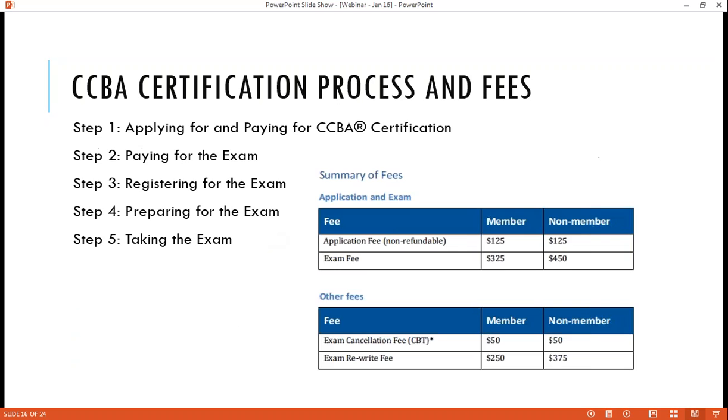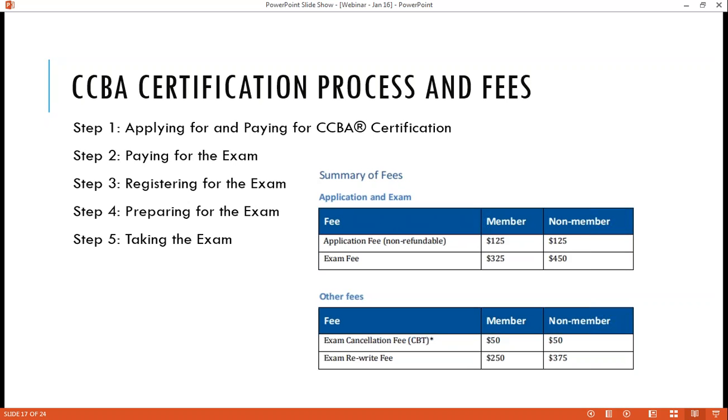The cost involved is, if you're an IIBA member, about 125 for the application fee and 325 for the exam. If you're not a member, then it's about 125 and 450. For everybody else, it is about $50 for exam cancellation, in case you don't clear.